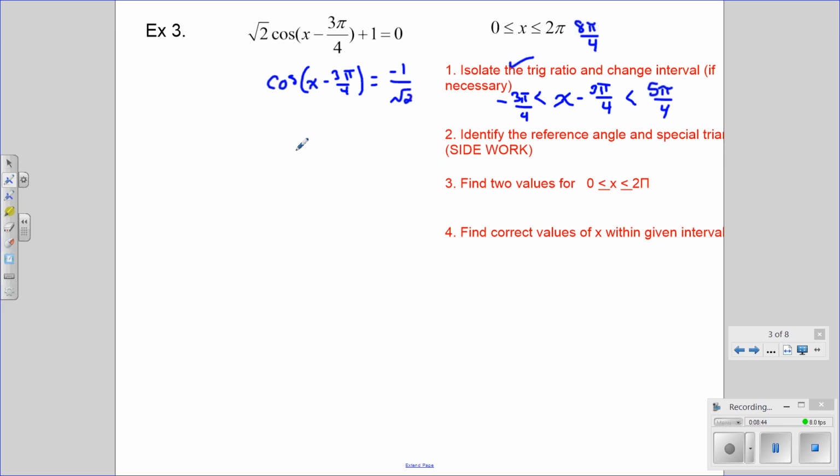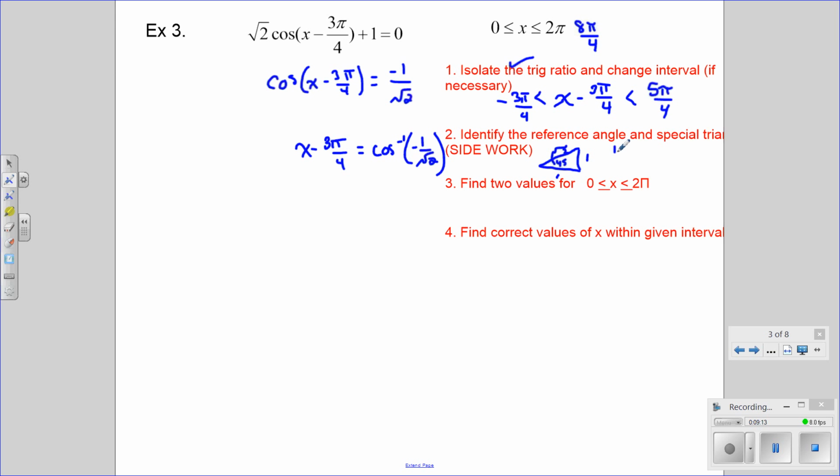Again, if I inverse cosine, I'll wind up with x minus 3 pi over 4 isolated now, and inverse cosine of -1 over square root of 2. I'm trying to think back to the triangles that I need to use. So the one triangle I need for this one is my 45-degree reference angle. Adjacent for cosine would be 1, hypotenuse would be square root of 2, and it's negative.